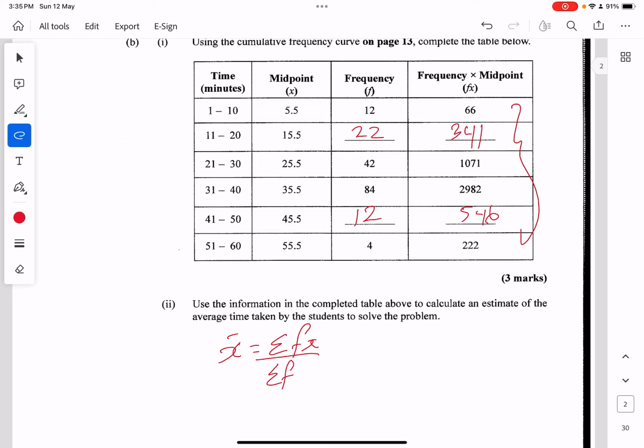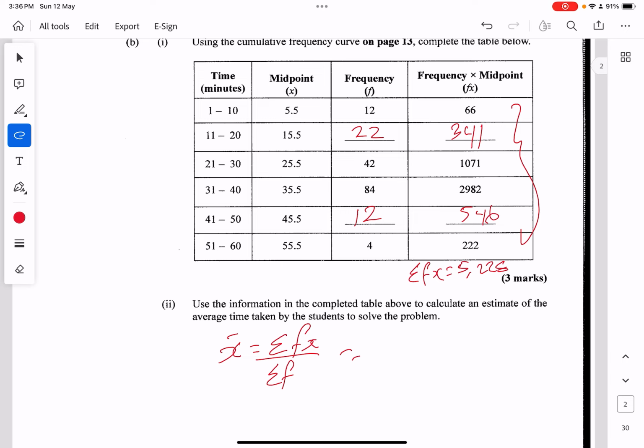We're going to get 66 plus 341 plus 1071 plus 2982 plus 546 plus 222 equals, and this sum of fx here worked out to be 5,228.